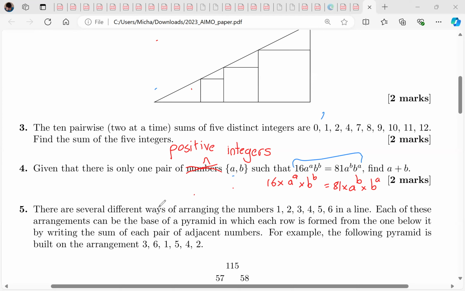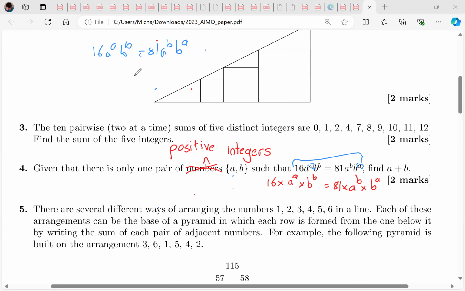But okay, so how would we approach this? Well, for me, when we see these powers, I kind of just want to match up these powers since it's easier to deal with. So what we do is we have 16 a to the a, b to the b is equal to 81 a to the b, b to the a.